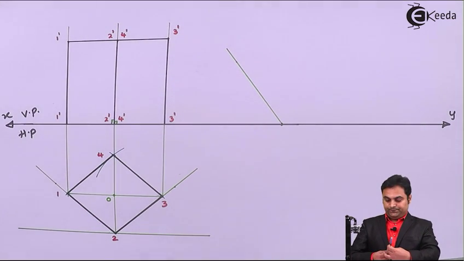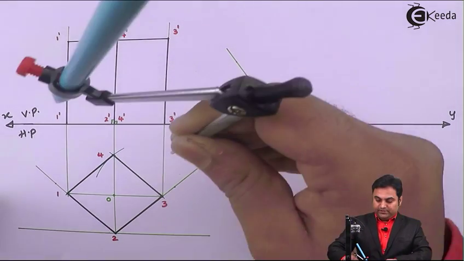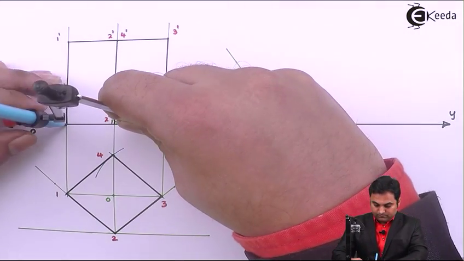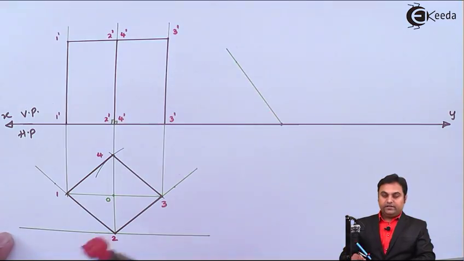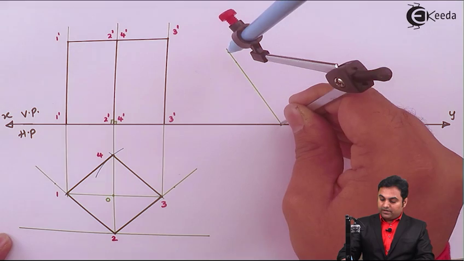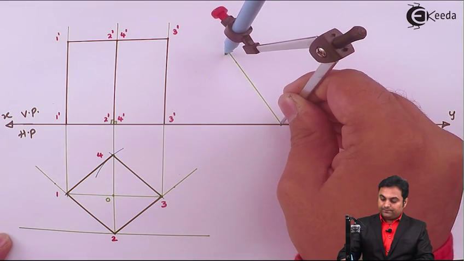Next, I'll take the base from 3 dash to 1 dash, taking this distance, keeping the point here and marking over this inclined line.